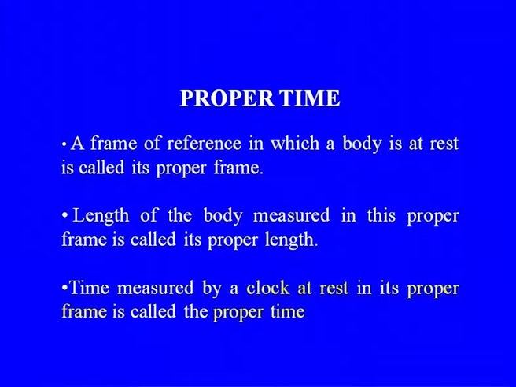So the time measured by a clock at rest in the proper frame is the proper time. Just like the proper length, is proper time invariant? Well, I think it is, but let's have a look at it once again.